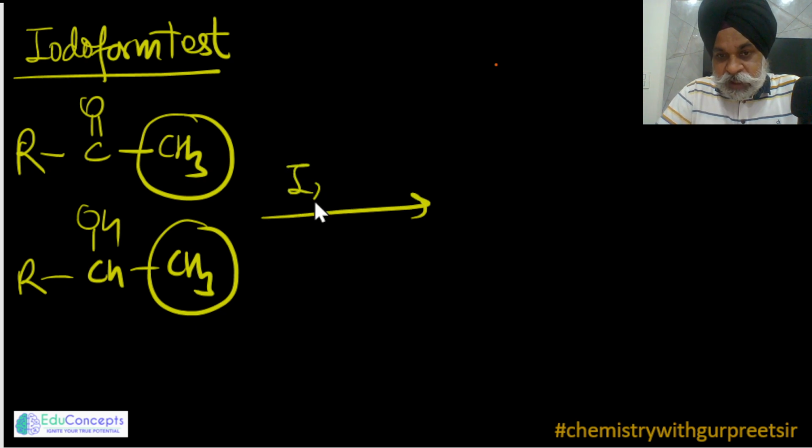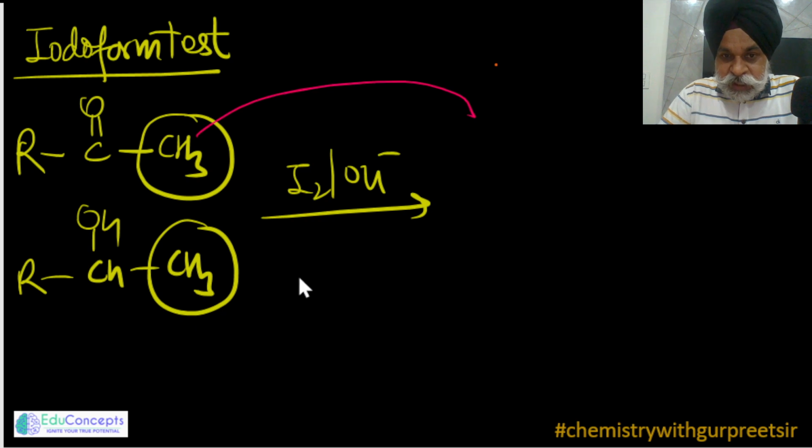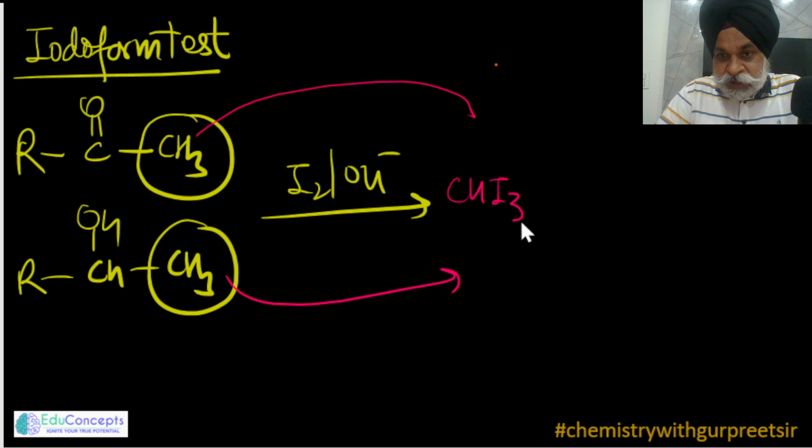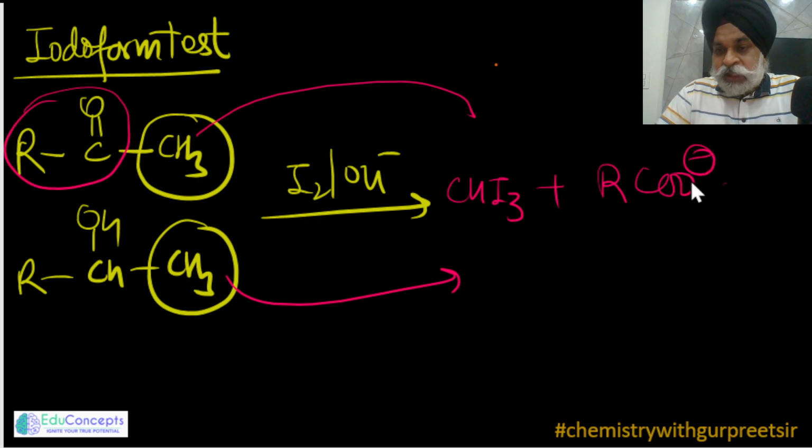The condition is that iodine is treated in an alkaline medium. The CH3 adjacent to the CO group or CHOH group would change into CHI3, which appears as a yellow precipitate. The rest of the compound would change into a carboxylate ion with one carbon less, and this in a way also shows a process of oxidation.